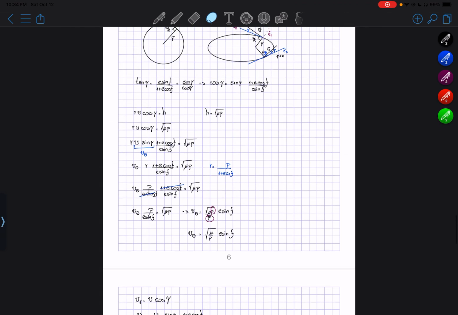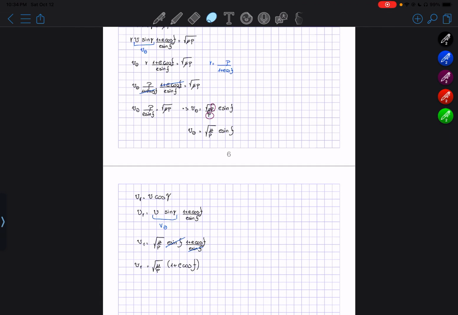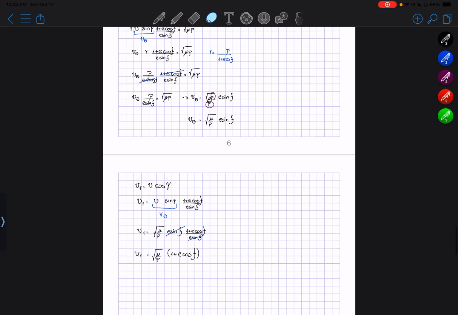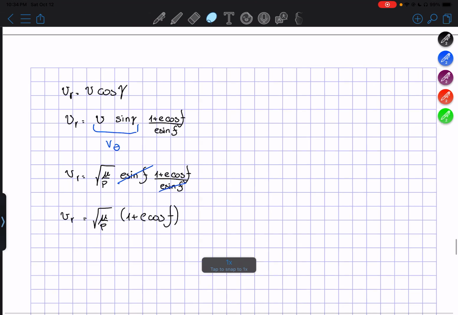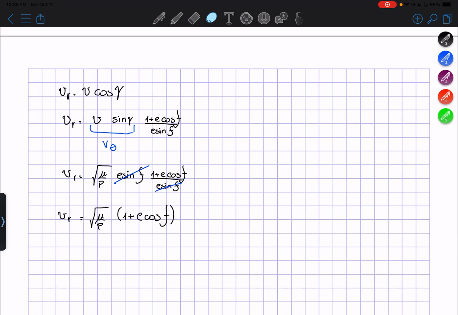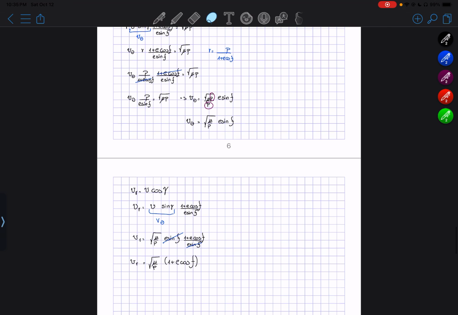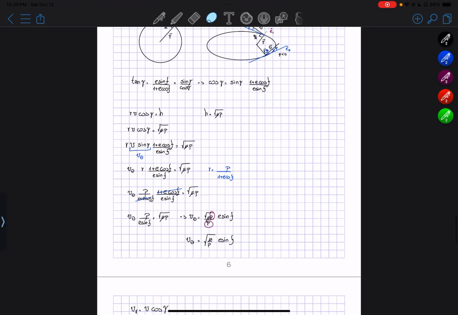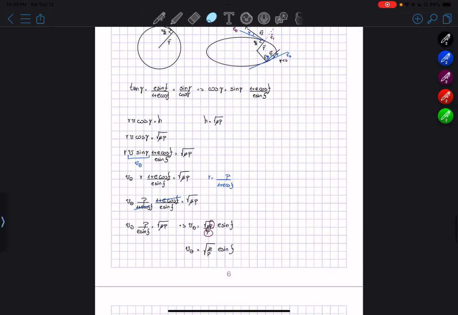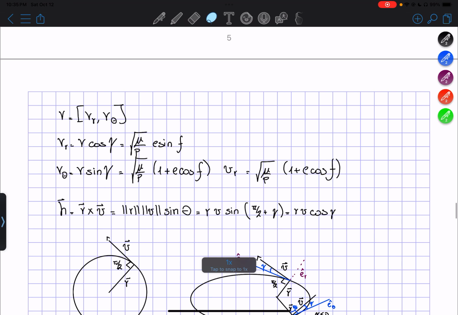Sine of theta. Oh, yeah, I proved v theta again, so it doesn't really help us in our case. But I actually proved that this was VR and not v theta, and then I proved the opposite. So let me go back and see, did I mess up on this?